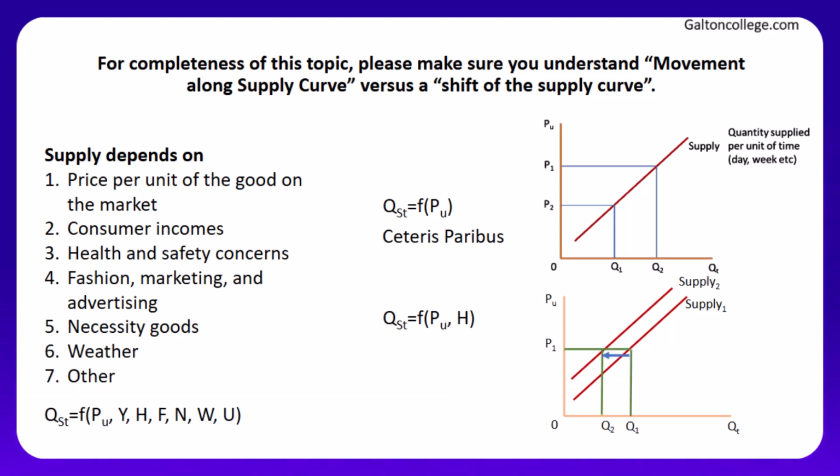And at a going price, if, let's say, health and safety concerns were raised over a certain product, a report came out that it might not be very good for us or not healthy, then the supply might shift from supply 1 to supply 2, and at the going price, less will be supplied, because there's now been a health warning that this item may not be very good for us, so the producer will cut back on production.